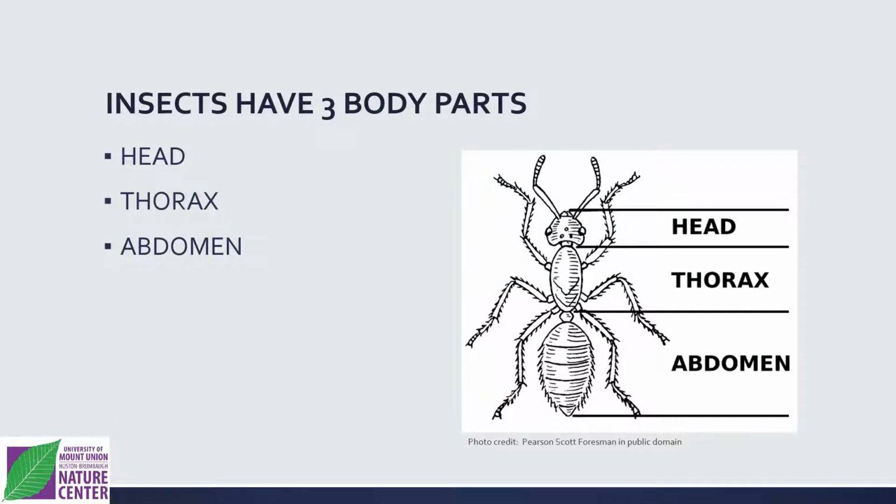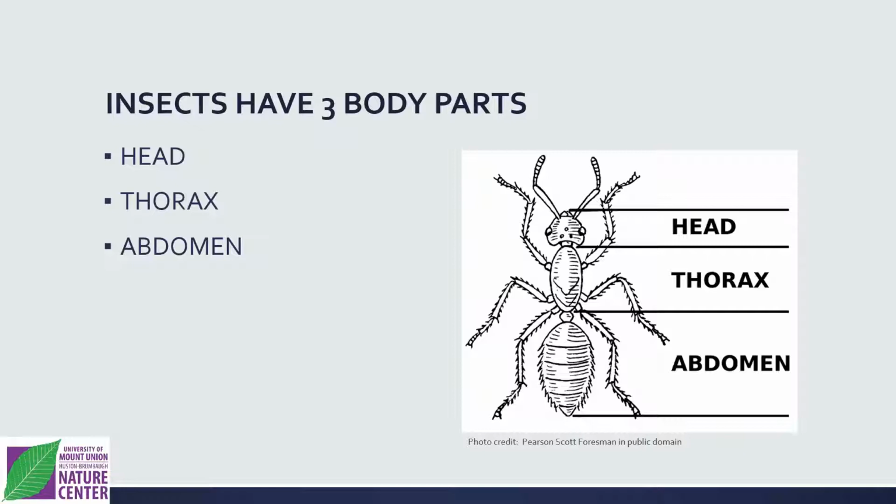To identify an insect, the first thing you should look for is whether the organism has three body parts. Now, all three body parts are not necessarily easy to locate, but upon closer inspection, you should be able to find a head, a thorax, and an abdomen. The head is where you will see eyes, antenna, and maybe even a mouth.